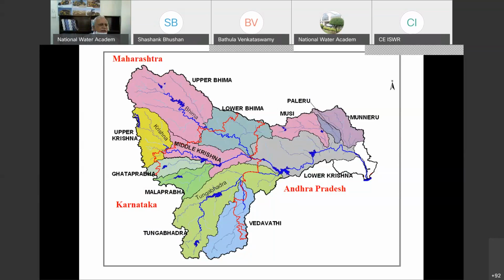These are Upper Krishna, Middle Krishna and Lower Krishna on the main Krishna river, Upper Bhima on the Bhima sub-basin of the Krishna basin, Ghataprabha sub-basin, Malaprabha basin, Vedavati sub-basin, then Musi, and so on. This is how basins were identified for study purposes.